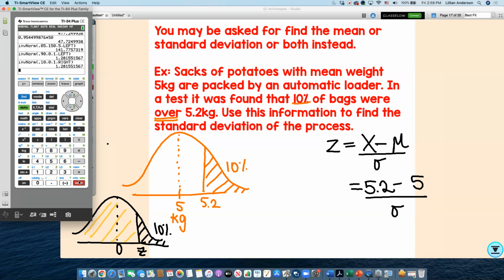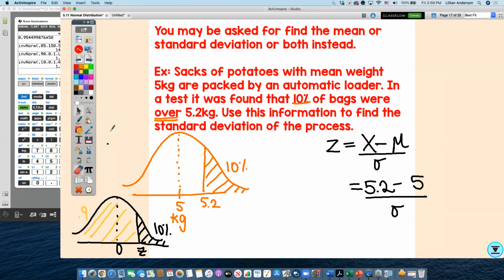Okay. So 1.28155, so on and so forth, represents the Z value that corresponds to the 10% being greater than some value that I can plug in right here to complete my equation for me to solve for my standard deviation.